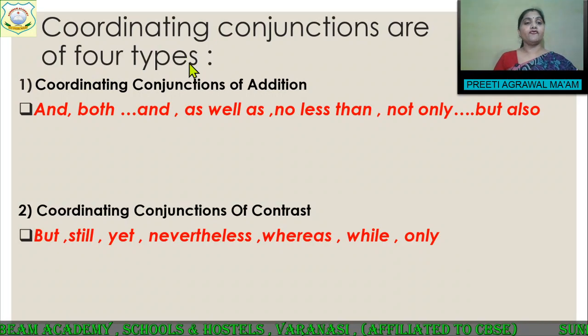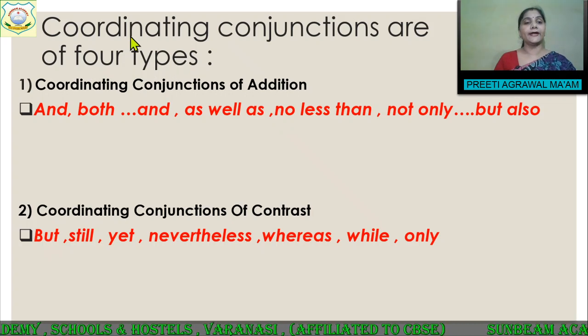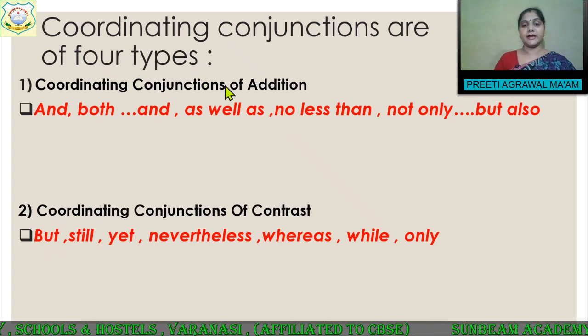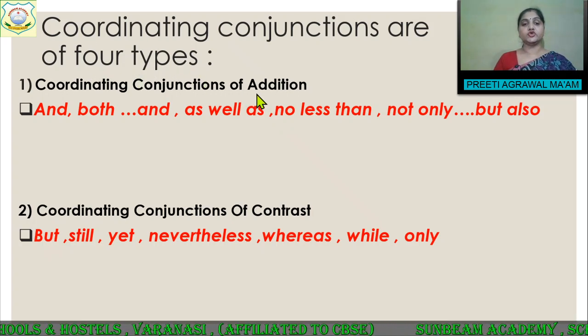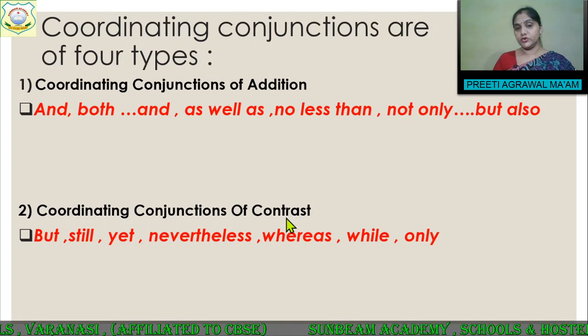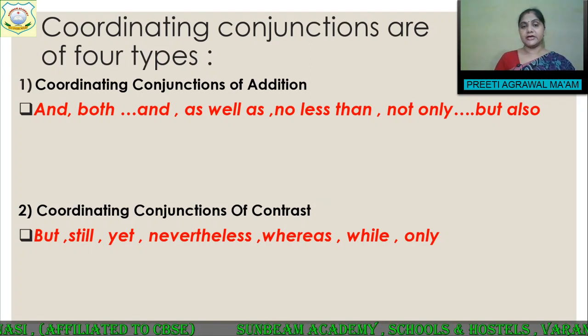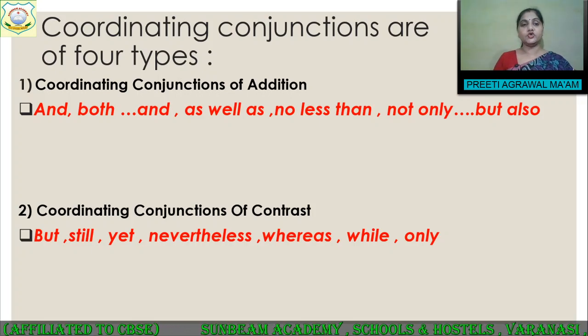The types are four. In this slide you can see these two types, conjunctions of addition and of contrast. The next two you will get in the next slide. So first let's discuss these two types.